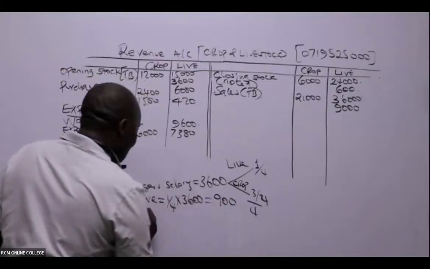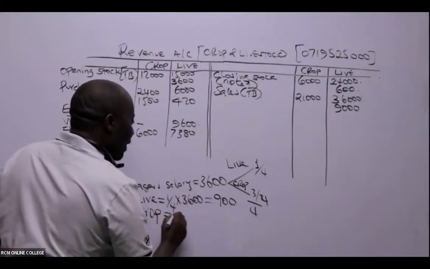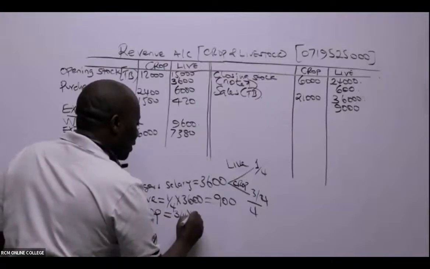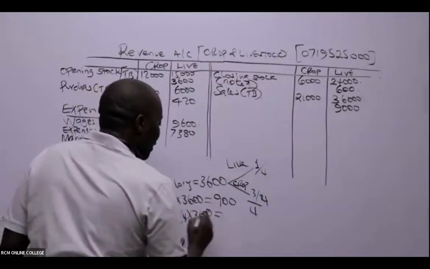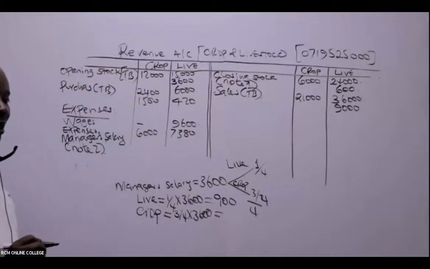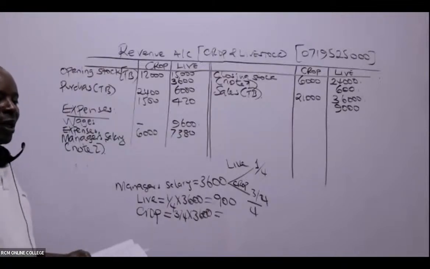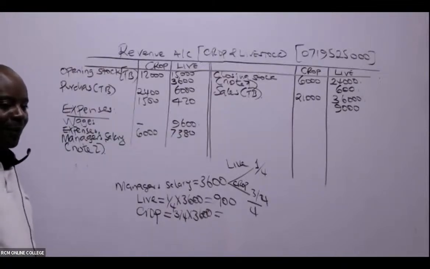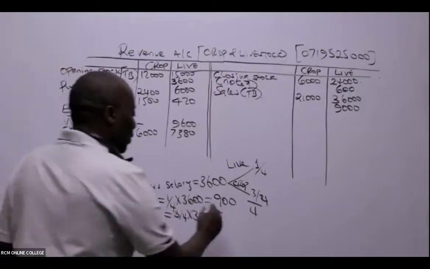And then crop is 3/4 of 3,600. Are you able to give me this figure? 2,700 francs. Thank you very much.